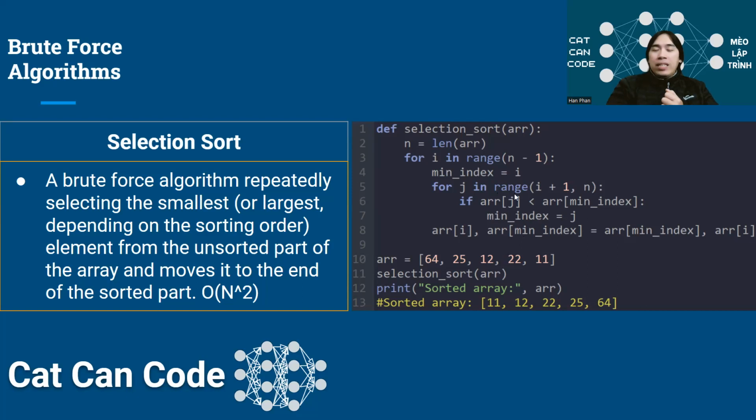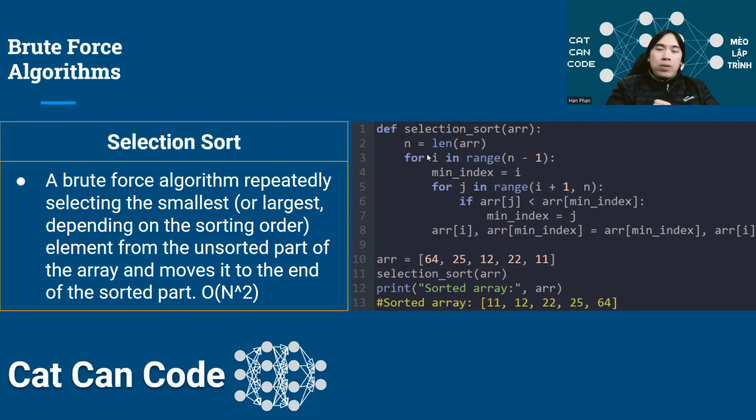Once I finish this checking, what I have in my min index is the smallest element that I have seen so far from i+1 to n. If that is the case, I swap the list at i with the list at min index.